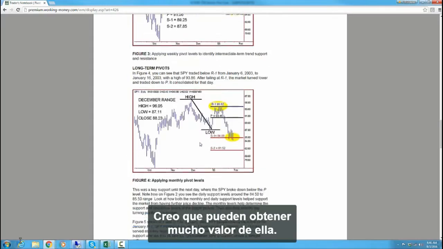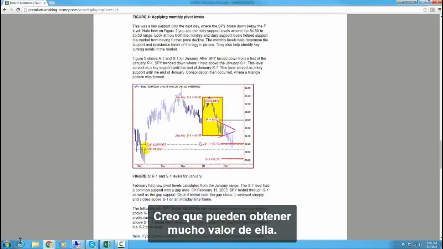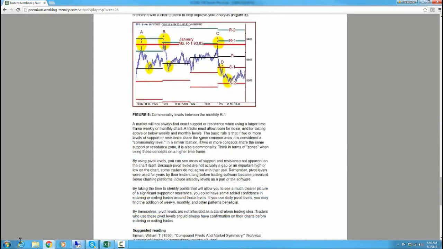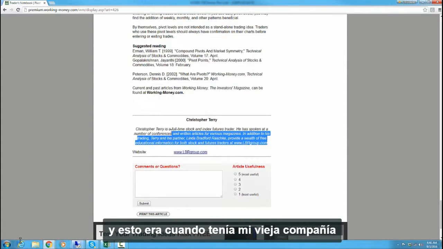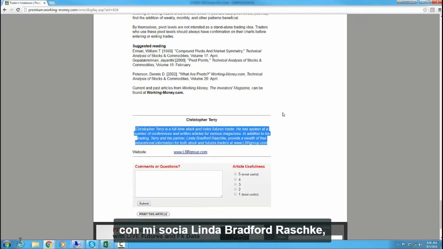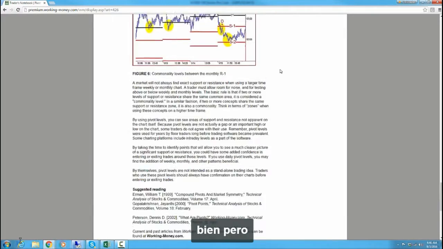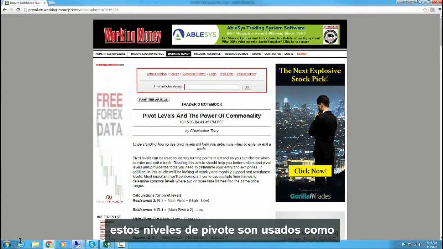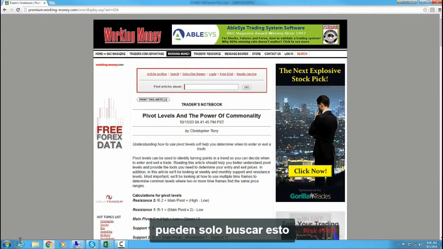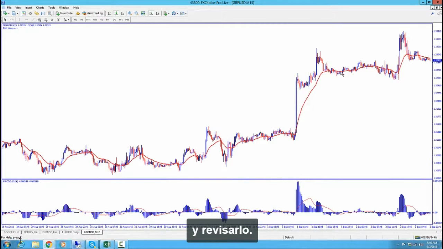I think you can get a lot of value out of it. This is from when I had my old company with my partner Linda Bradford Raschke. These pivot levels are used as support and resistance, and again, you can just search this out and take a look at that.